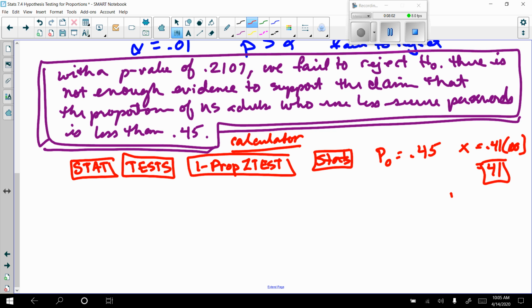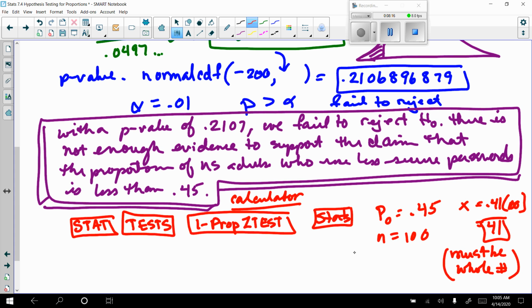That must be a whole number. And then n is going to be 100. And then you have to decide which type of test it's going to be. And since this is a left test, it's going to be less than p naught.